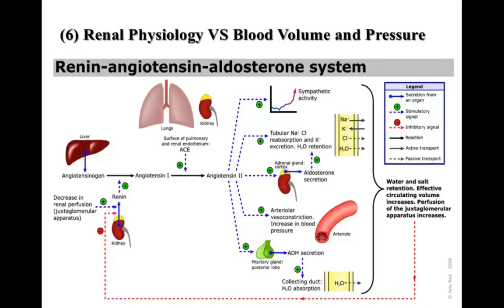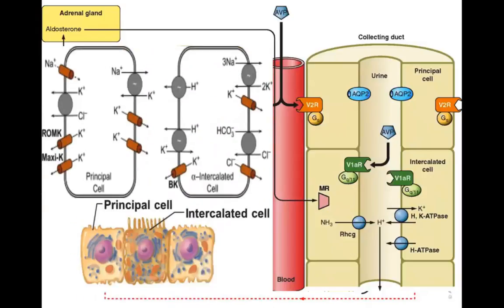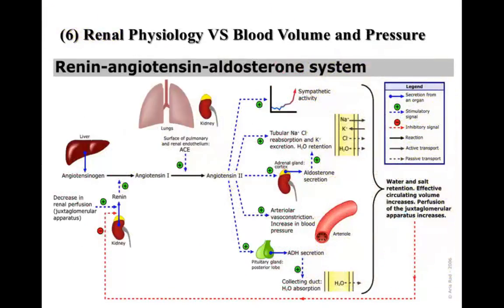Okay? And as a result of this cooperation to increase the arterial blood pressure, we've named a system of these three musketeers the renin, angiotensin, aldosterone system.